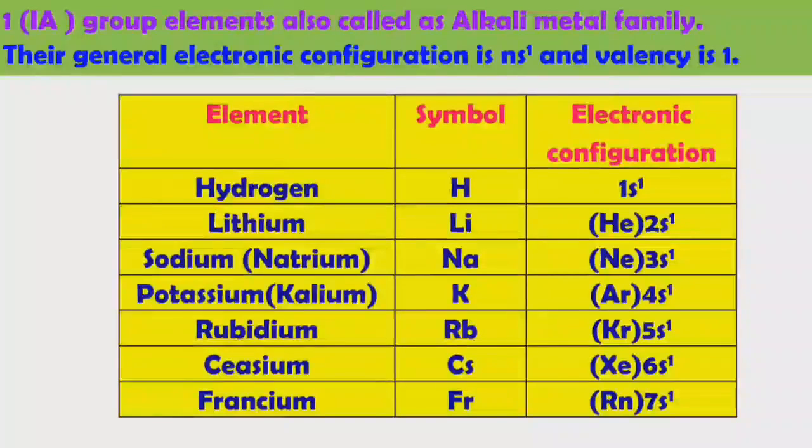Here we can see symbols. The symbol for sodium is Na because its Latin name is natrium, and the symbol for potassium is K because its Latin name is kalium.